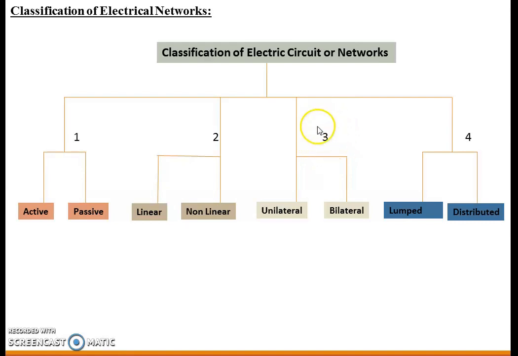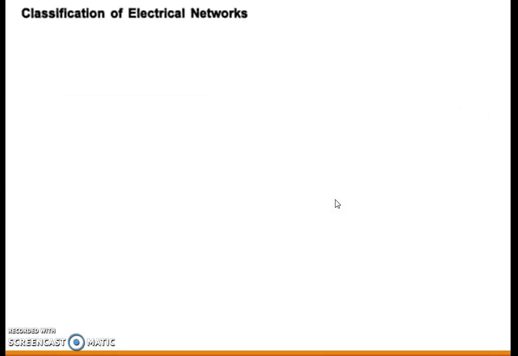If there is a change in direction in the flow of current, then the circuit character will be changed. Then in the fourth factor, lumped and distributed networks are classified. That means whether the circuit elements are physically separable or not. Let us discuss in a detailed manner.